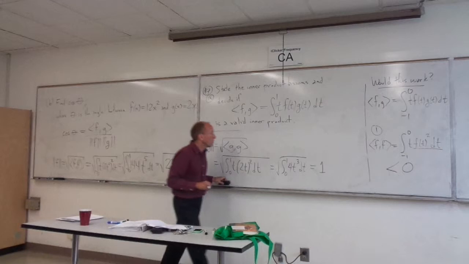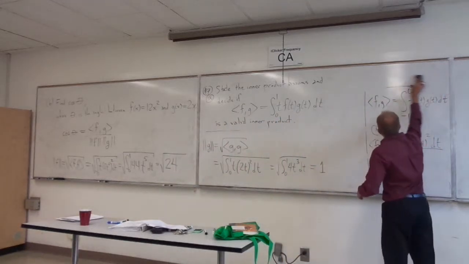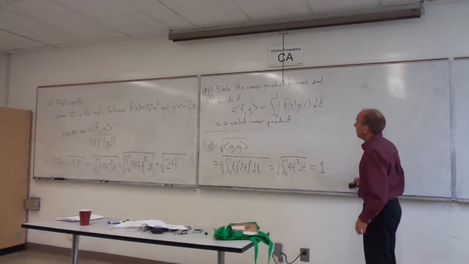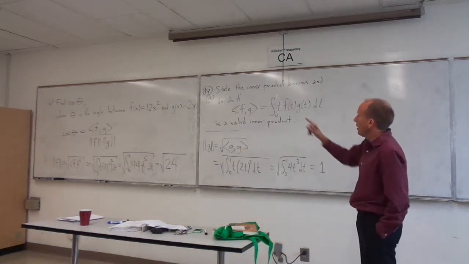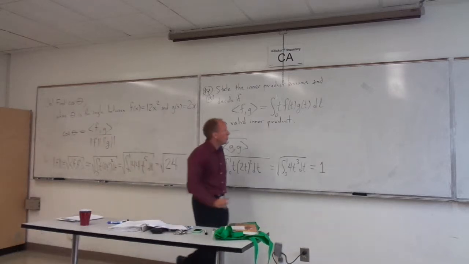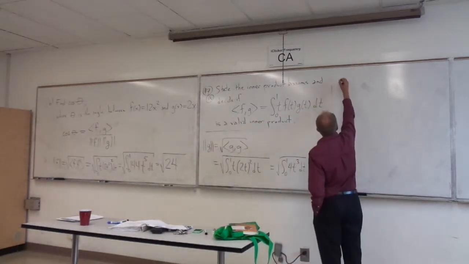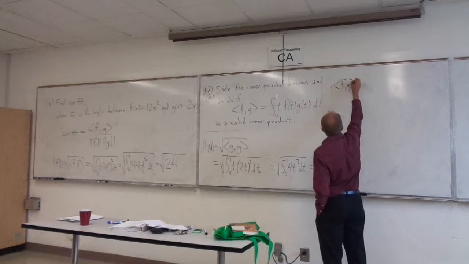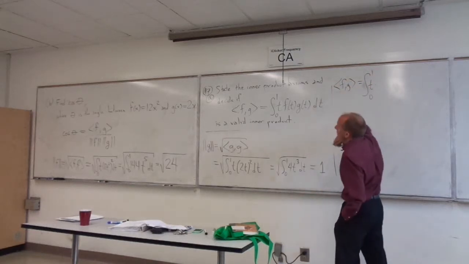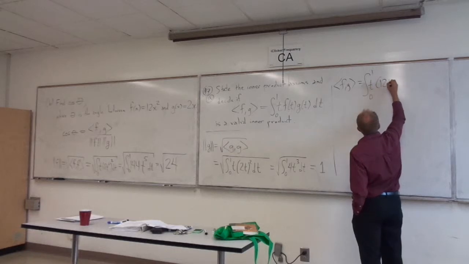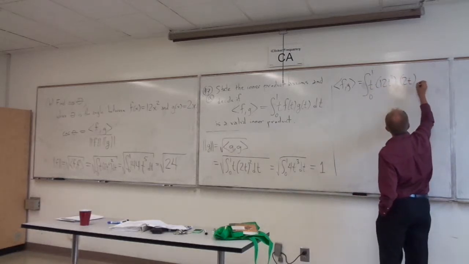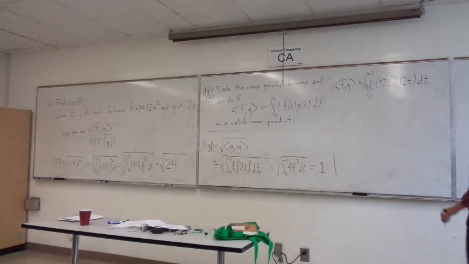So we've got the norm of f and the norm of g, and now we just need to check the numerator part, right? The inner product of f with g. So let's do that here. The inner product of f with g is the integral from 0 to 1 of t times 12t squared times 2t dt.